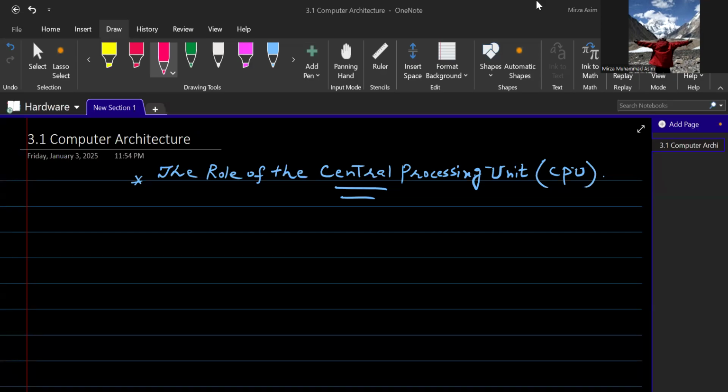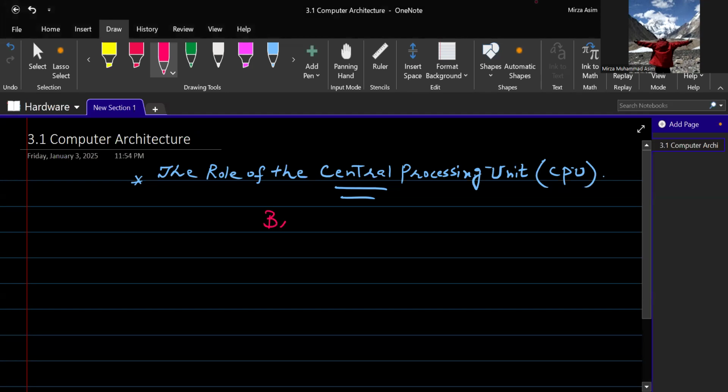So let's start. Today's topic is computer architecture, and the subtopic is the role of the central processing unit. I believe we have all heard about the CPU, and normally people call it the brain of the computer, right? Why do they call it a brain?